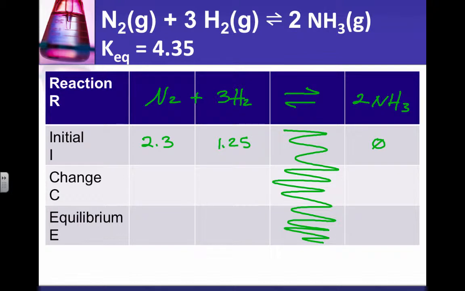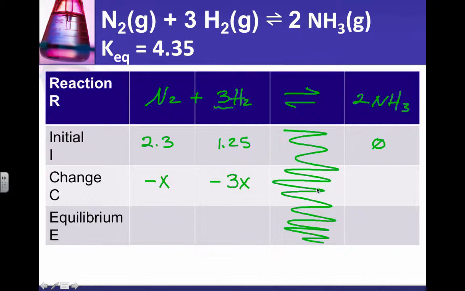Great. Our next step is to see what's going to happen as the reaction proceeds. For instance, my reactants will go down by some amount, and whatever the nitrogen loses, I'm going to lose 3 times that amount from my hydrogen because that's the mole-to-mole ratio.